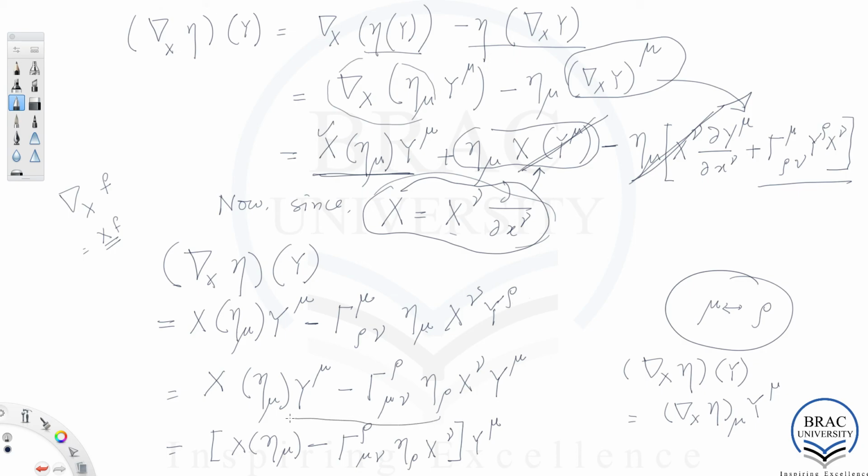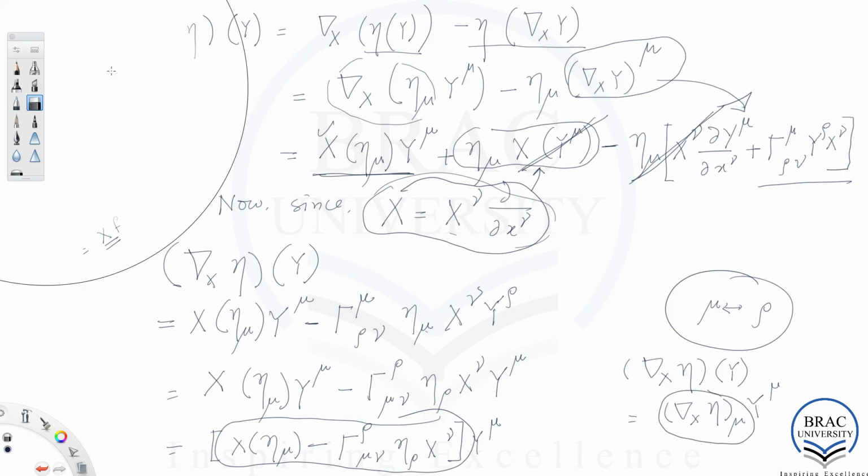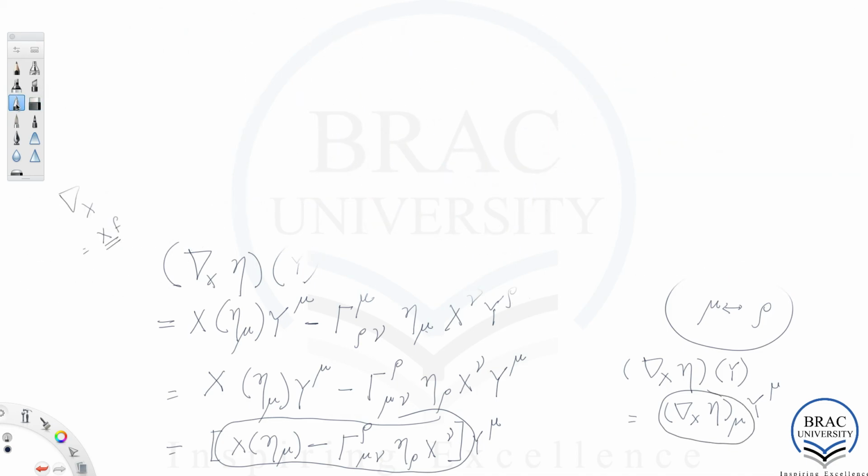So this is precisely this object, right? So we have nabla x eta mu equal to x eta mu minus gamma rho mu eta rho x nu.